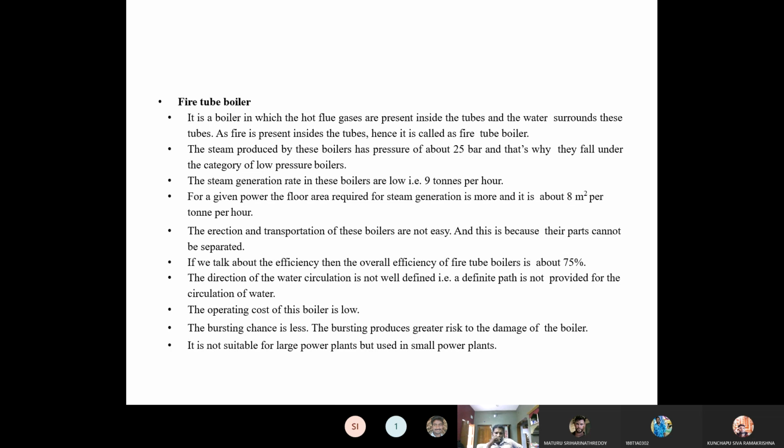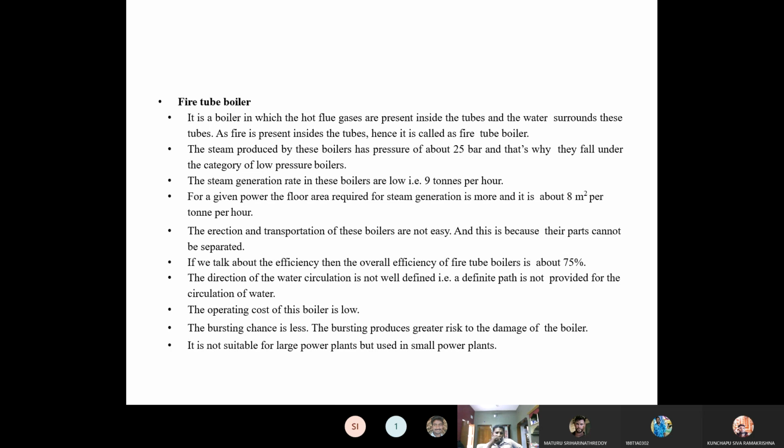For a given power, the floor area required for steam generation is more, about 8 square meters per ton per hour, whereas for water tube boilers it is only 5 square meters. Erection and transportation of these boilers are not easy, because their parts cannot be separated. That is why transportation is difficult.